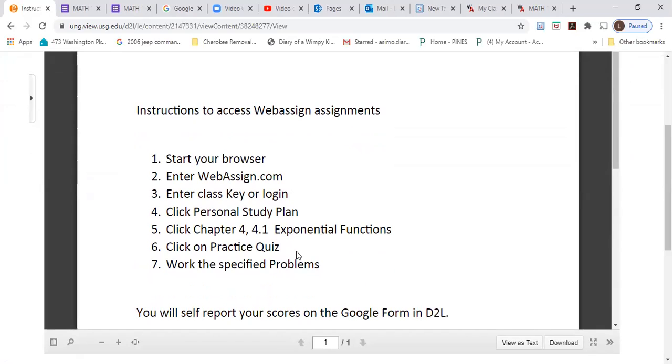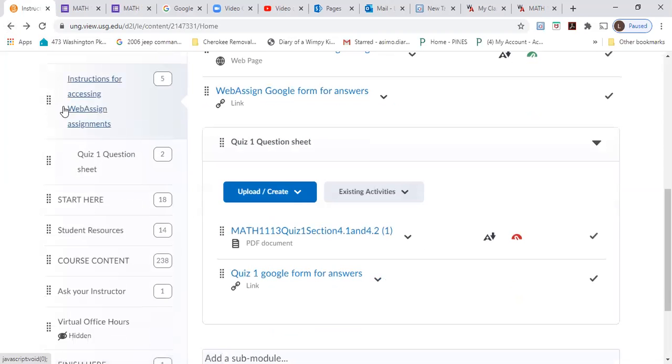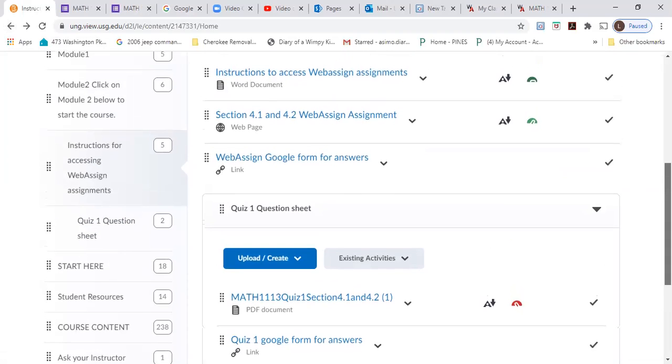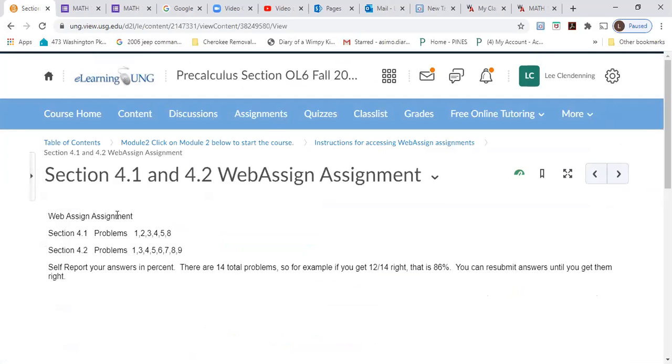And you only work the problems that I specify. You don't usually have to do them all. So where are those problems? Under the 4.1 and 4.2 WebAssign assignment, the problems are 1, 2, 3, 4, 5, and 8.